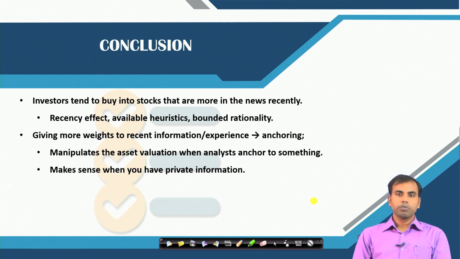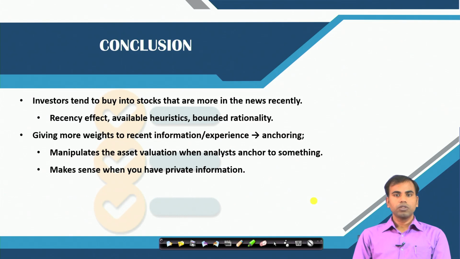Another reason could be the bounded rationality argument, where people do not want to get involved in a complex decision making process and they tend to seek shortcuts, and that is where the recent information, or the information which is freely available, comes into the decision making process and they take the decision accordingly.